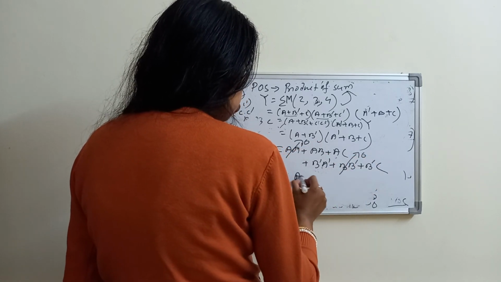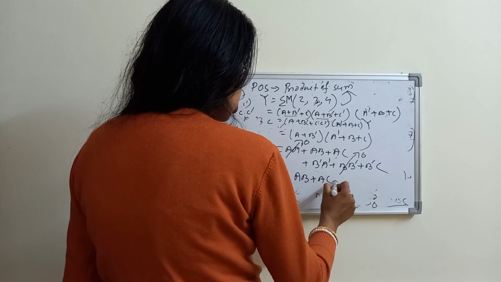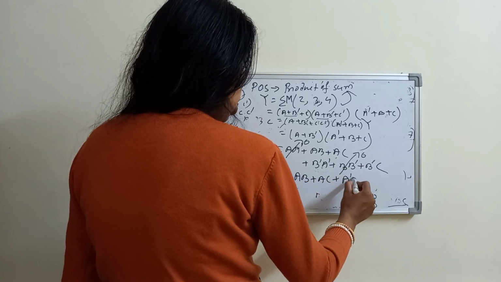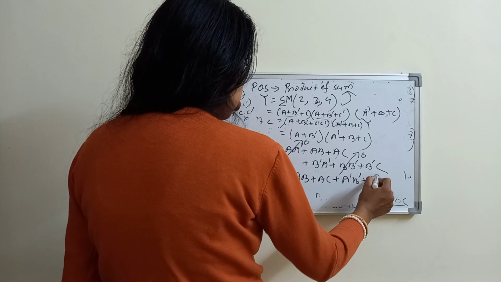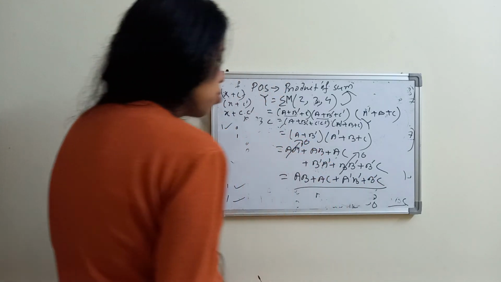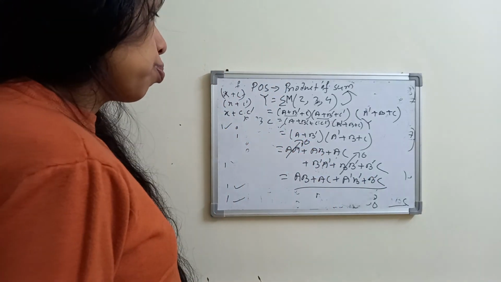What is my final expression? AB plus AC plus A prime B prime plus B prime C. So this is my final expression.